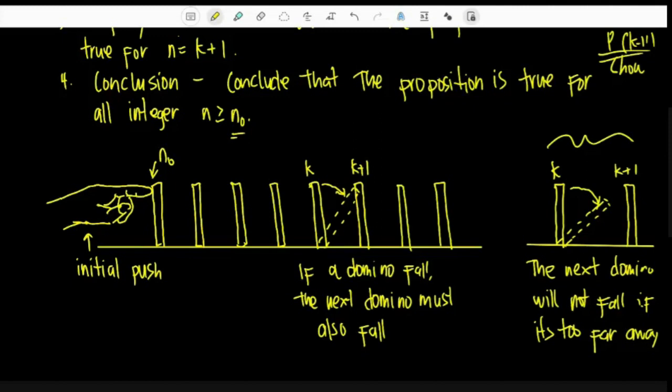And then you show that the same proposition is also true for k plus 1, the next value. Then you conclude that the whole proposition is true from the starting n sub 0 to any integer greater than or equal to n sub 0.